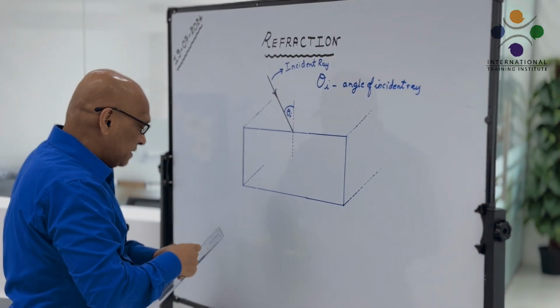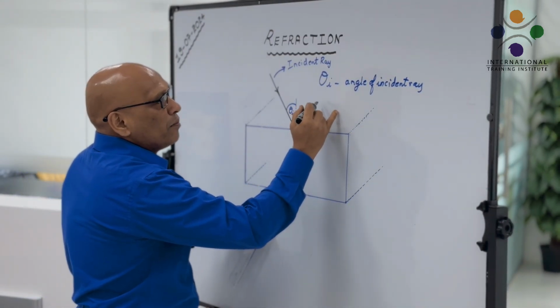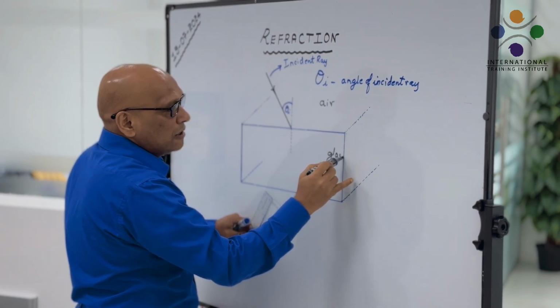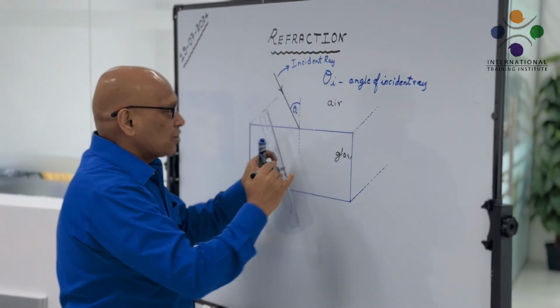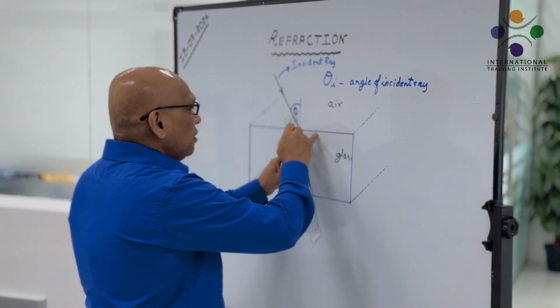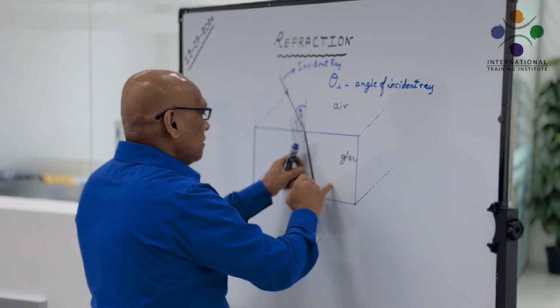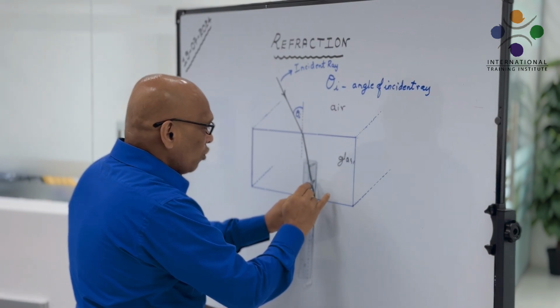Now what happens here is that when the light ray passes from air to glass, as I told you, it bends and changes its direction. As a result, it bends towards the normal. Let me draw a normal here again.